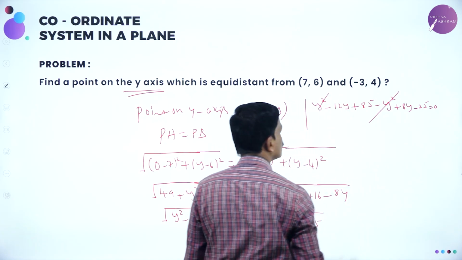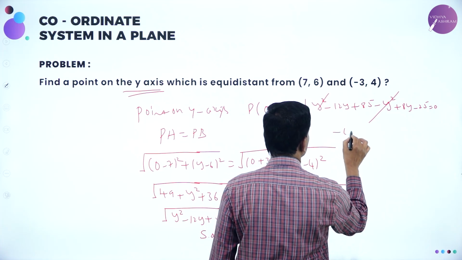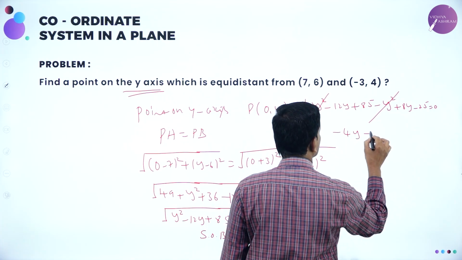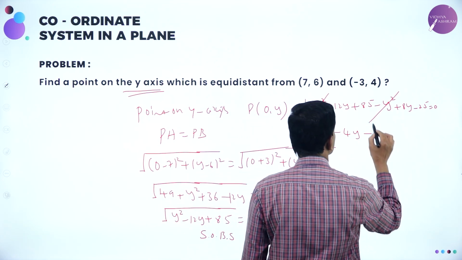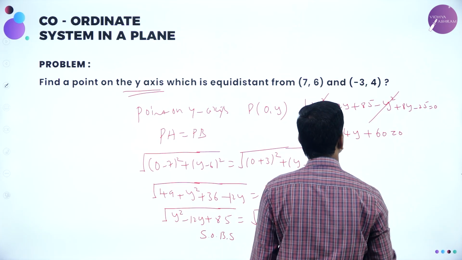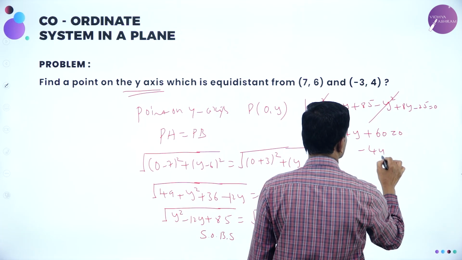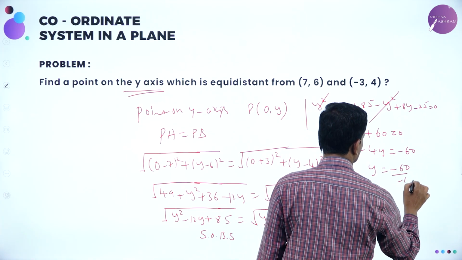Minus y square plus y square gets cancelled. Minus 12y plus 8y is minus 4y, plus 85 minus 25, so that is 60. Minus 4y plus 60 is equal to 0.